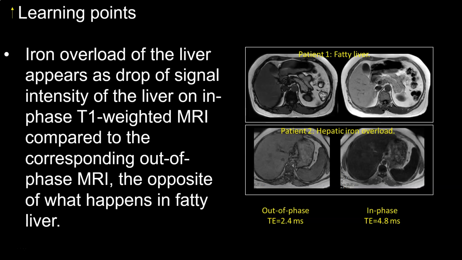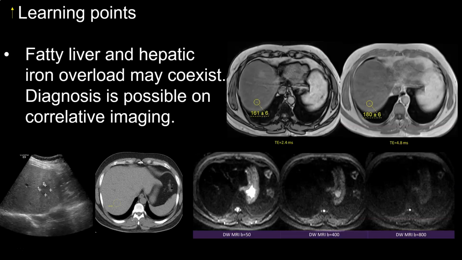The opposite of that happens in fatty liver, but this time because this is an out-of-phase image. We learned that fatty liver and hepatic iron overload may coexist, and the diagnosis is possible on correlative imaging.